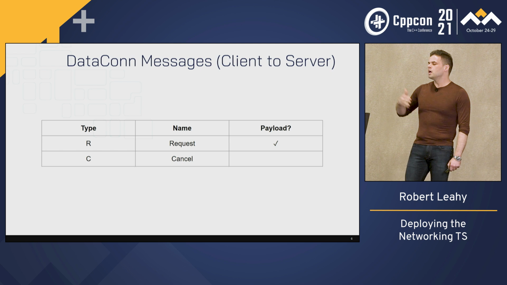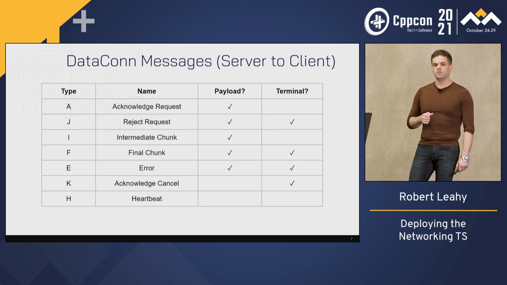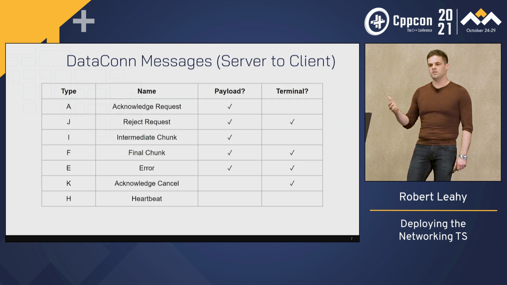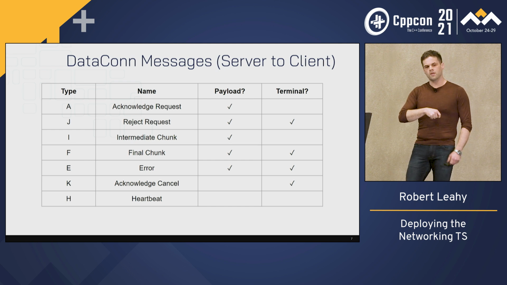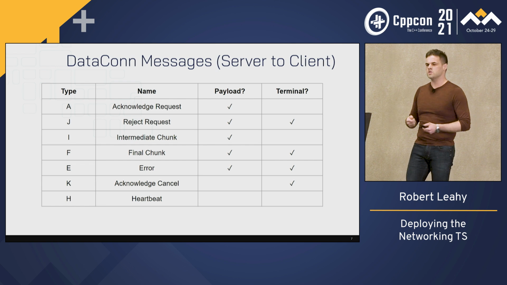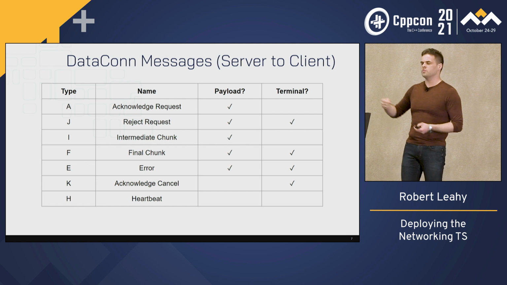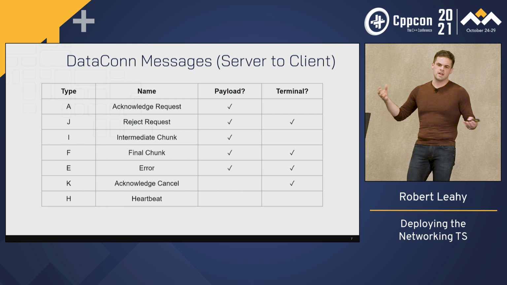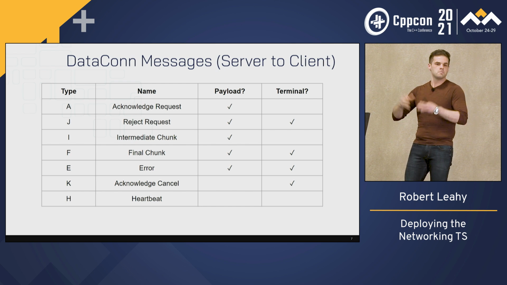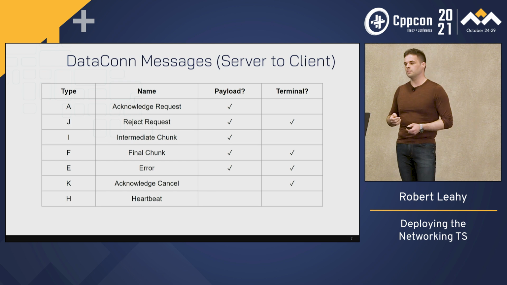Which leaves us with the larger vocabulary the server speaks to the client. The server, of course, needs a way to acknowledge and reject requests. And when it acknowledges requests, it sends a payload of application-specific bytes, which describe the response which is to follow. You can imagine an application which realizes this by transmitting the MIME type of the response. It says application/JSON, for example.